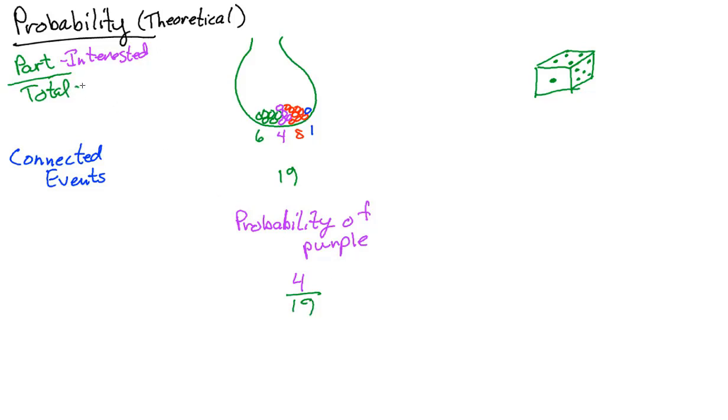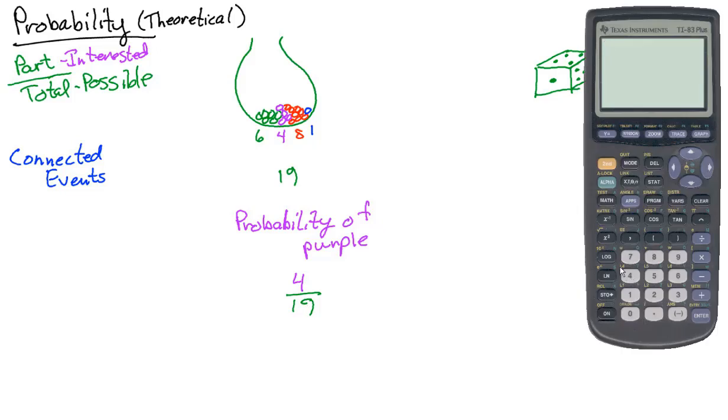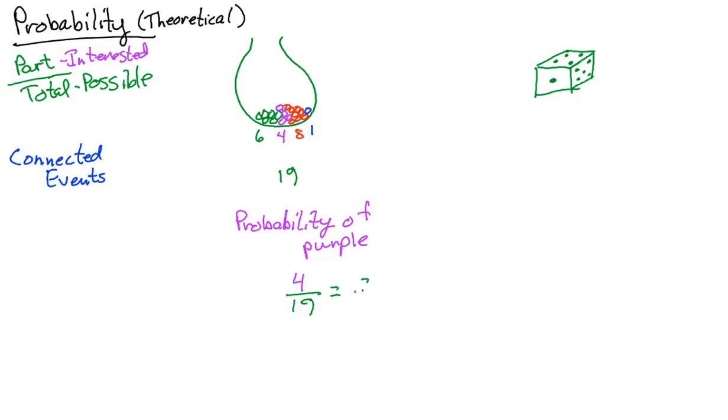This is all the possibilities, everything that's possible. Notice we don't have 21 or 22 different marbles in there. We take 4 over 19. We can leave it as a fraction, 4/19, or turn that into a decimal, which gives us about 0.211, which is 21.1%. You can list a probability as either one.